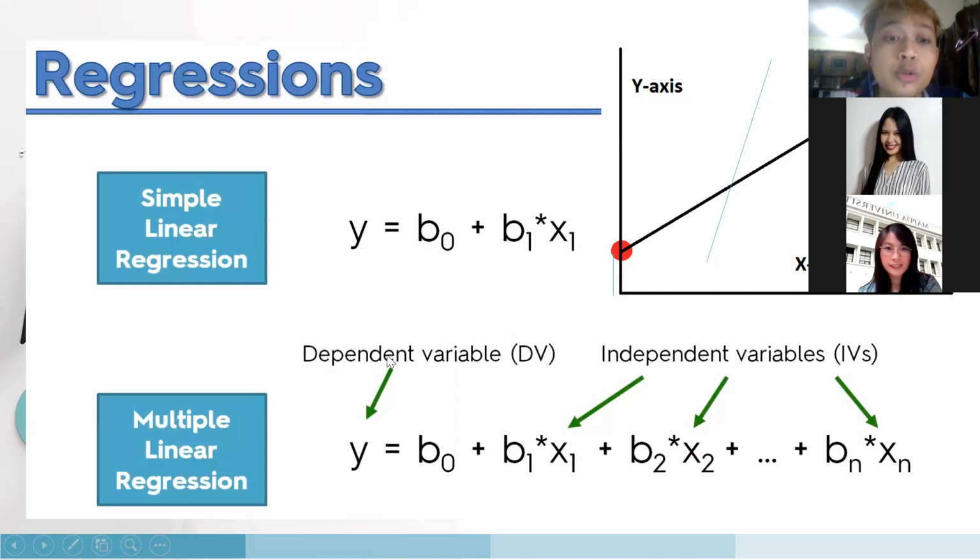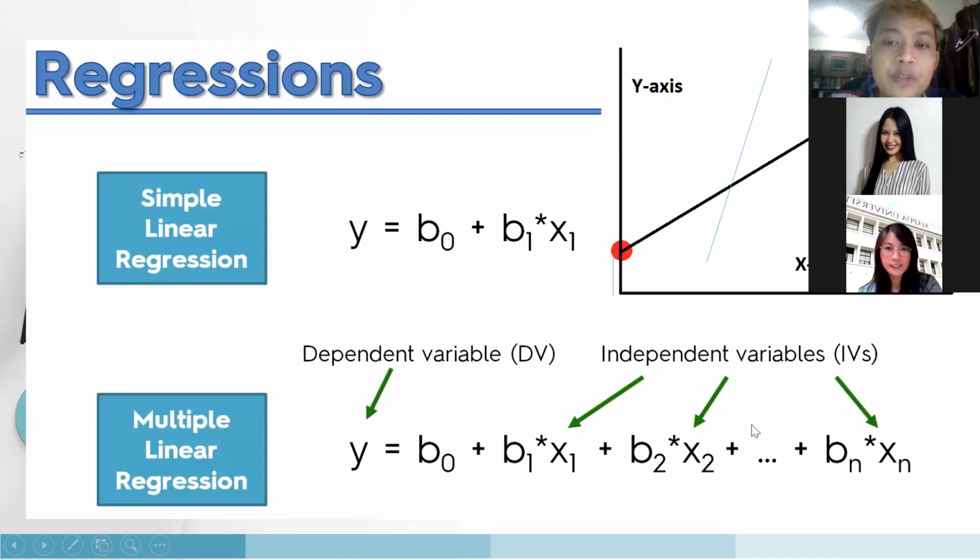We cannot predict two Y at the same time. So if you would like to run a certain equation like this one, we have to split it, in Minitab or in SPSS, and do it twice. That's the first disadvantage of the multiple linear regression.